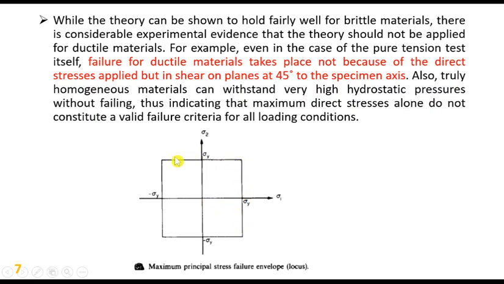When you join this, it will be a square. If the values of sigma 1 and sigma 2 are within this square, then the material is safe according to this theory. And if it is going out of this square, then the material is unsafe according to this theory. So this is the way we apply the theory in designing.